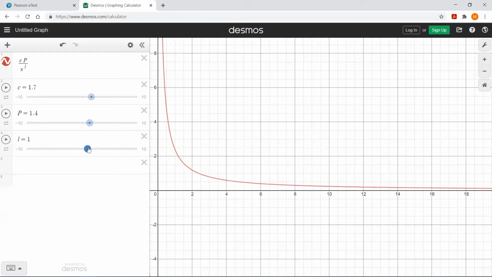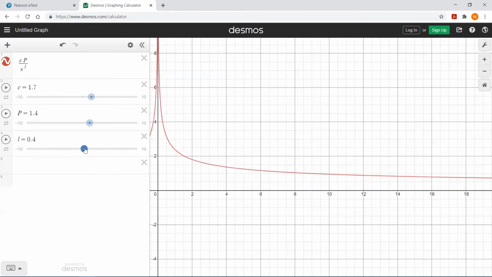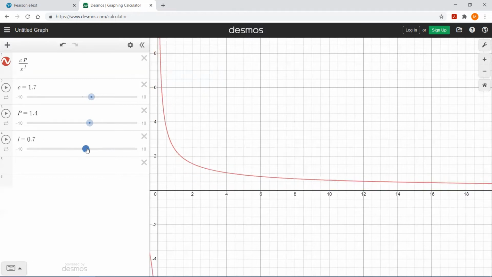Higher values of L indicate that the sound drops off more quickly with distance. So the value of the exponent that we've been using is 2. That's the inverse square dependence. Now, maybe because of reflection, it takes longer for the sound to die off with distance, so that would make it look more like this. If the exponent were higher than 2, it would drop off even more quickly.